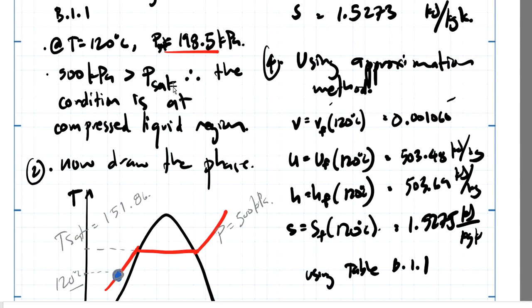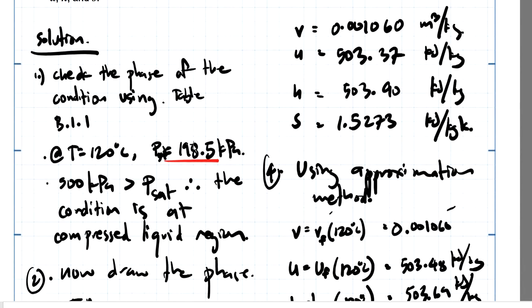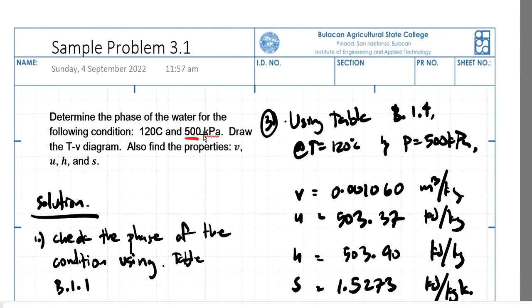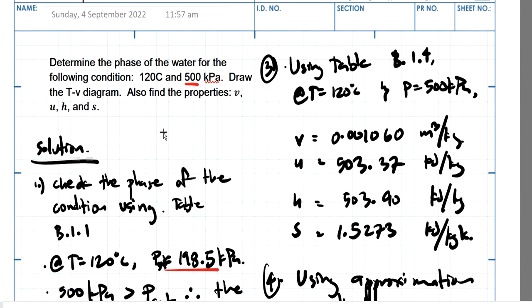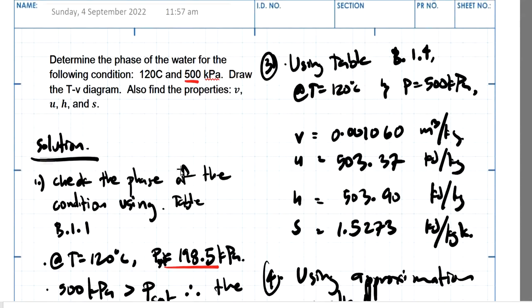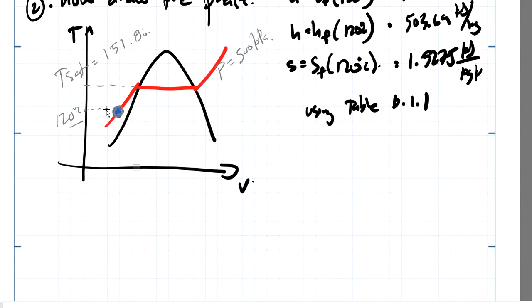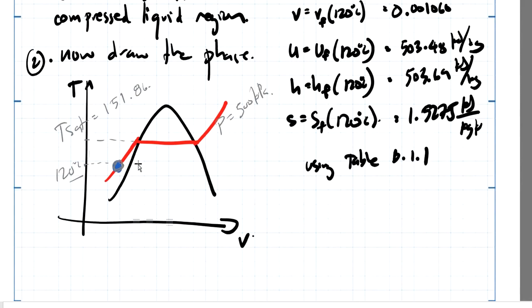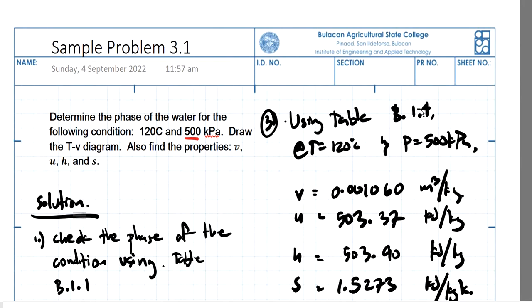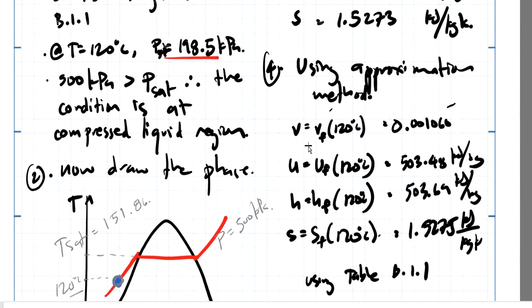So if the pressure, let's say the 500 kPa, is greater than the saturation pressure, that means it is a compressed liquid. But if we look at it in terms of the temperature, if the T saturation is, let's say, 151, and we are lower than 151, that means that we are in this compressed liquid region. So now that we are in this compressed liquid region, we can use the table B.1.4 to determine the properties, or we can use an approximation.